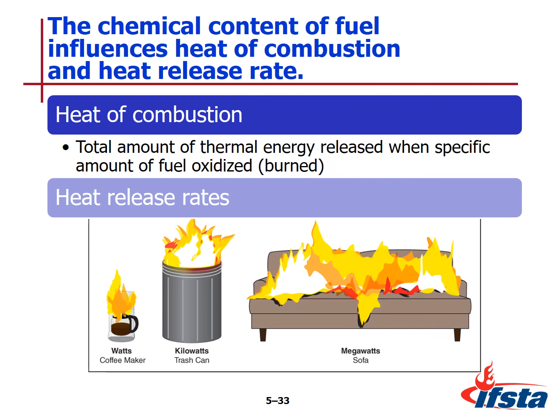There's a small little fire. Your trash can's a little bit bigger because of the materials that are involved. Then your sofas or your couches, obviously, are going to have a lot more of a heat release rate because there's more there. The chemical makeup of it, what's involved in it, there's more there to burn, and the chemical process is going to cause it to burn hotter.